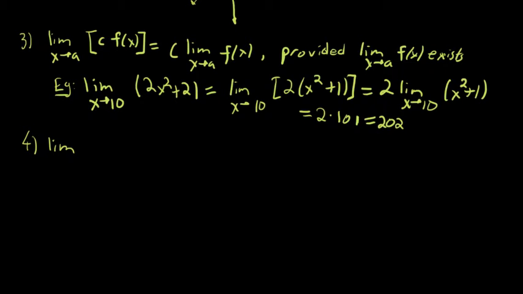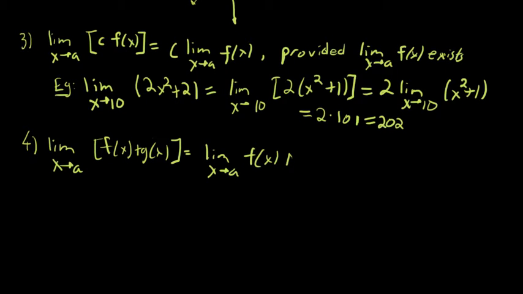Okay, the next property is the limit as x tends to a of f of x plus g of x equals the limit as x tends to a of f of x plus the limit as x tends to a of g of x.